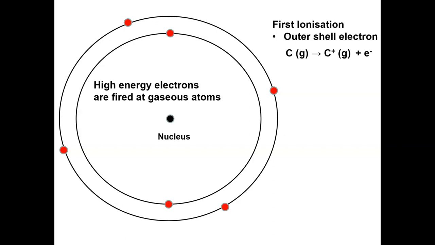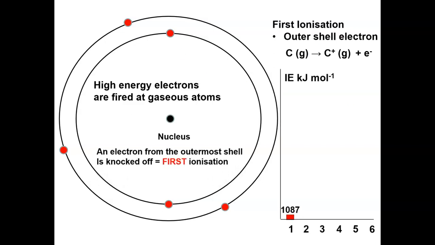So when we fire our first electron, we knock out the first electron from the carbon outer shell. There it goes. And we display the ionization energy on our bar graph. And remember, we've seen this one before, 1087. That's the first ionization. Now, when it comes to the second ionization, let's think about the equation. We will be starting from C+ gas, and then we'll be ionizing again.